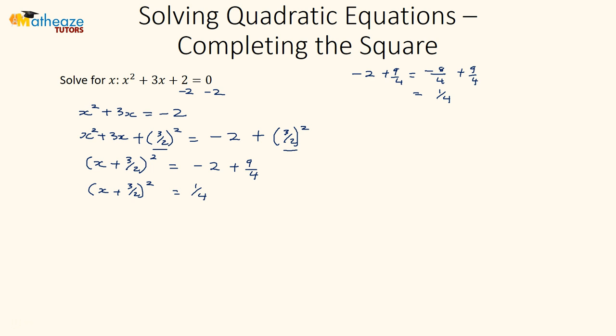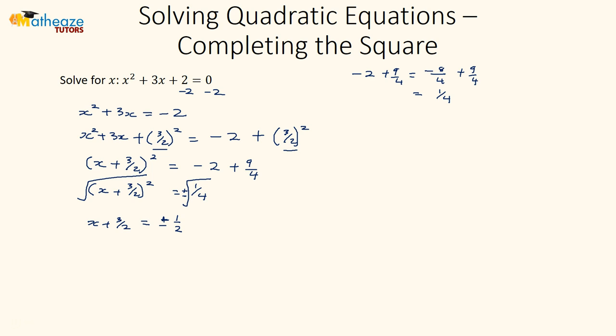The next step is to take the square root of both sides, with the understanding that the square root of 1 over 4 must represent both the positive and the negative result. So we have x plus 3 over 2 is equal to plus or minus 1 over 2.